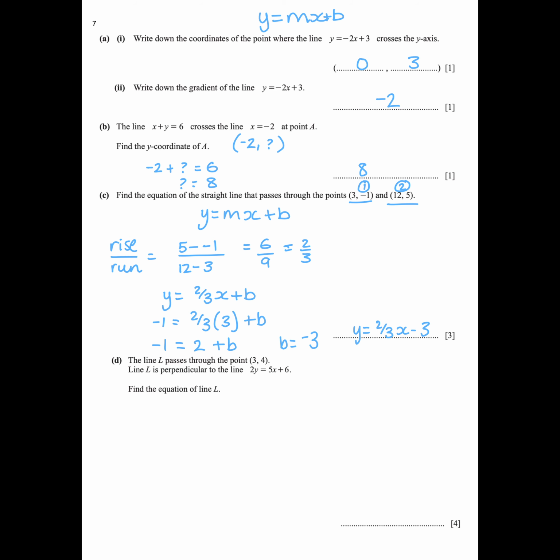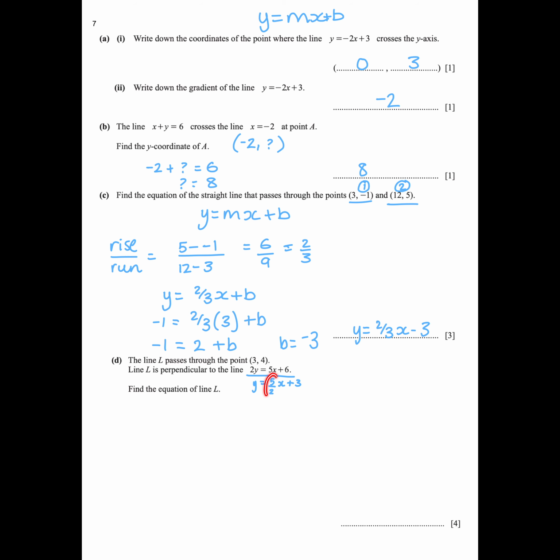And then the last question, the line passes through the point (3, 4), and it's perpendicular to this equation here. We need to find the line. First of all, we need to find the gradient of this original line. So we're going to have to rearrange it and make it y equals 5 over 2x plus 3. I've divided each term by 2.